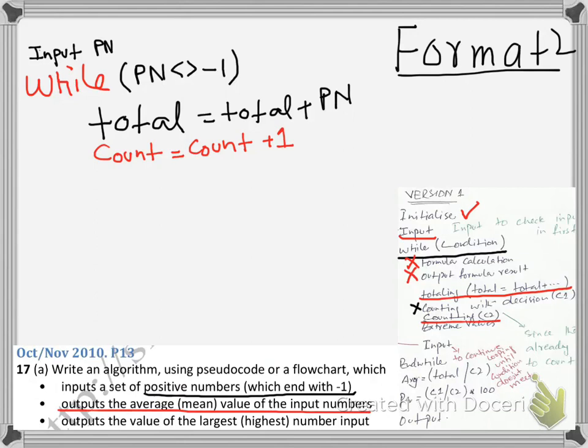Alright. So what does it say then? Output the largest value. So extreme values now. But for this extreme value, all we have to do is just a simple thing.